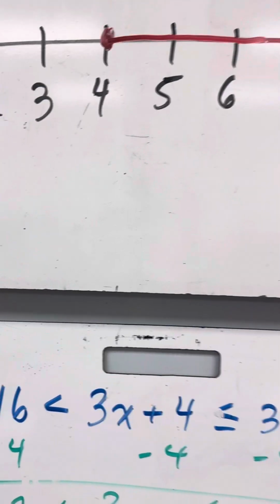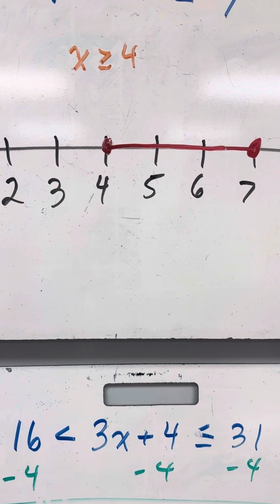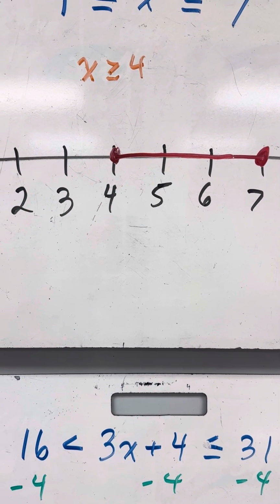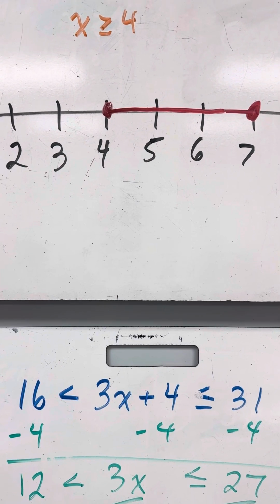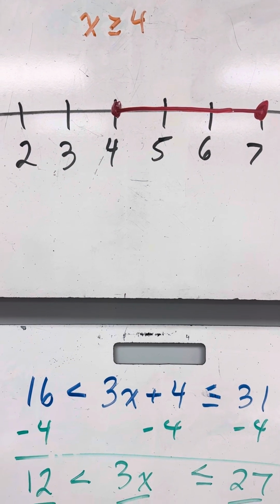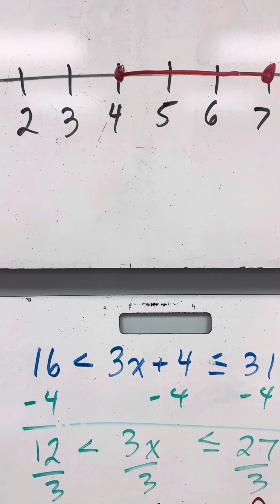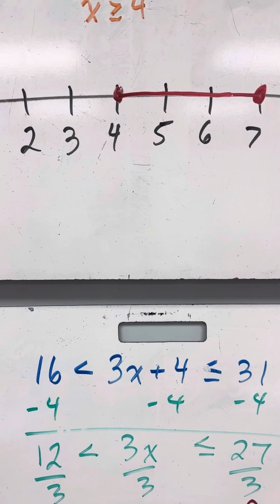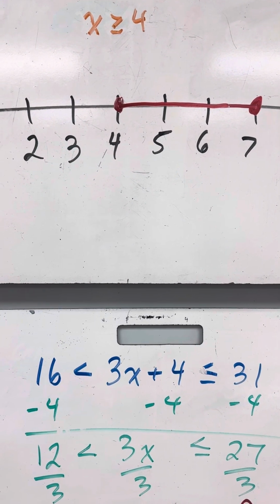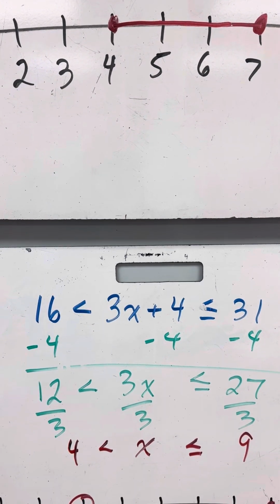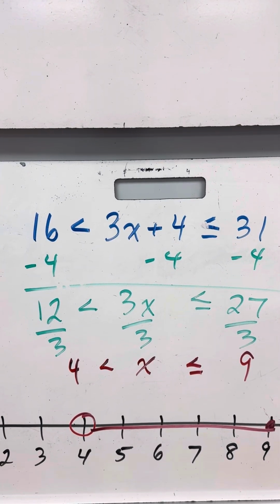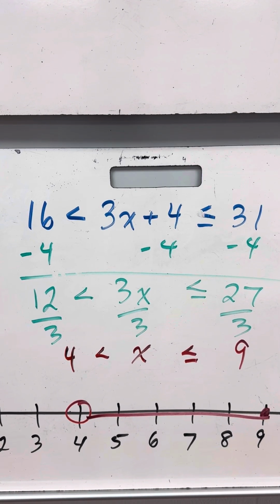So guess what? We're going to minus 4 from all 3 sides. You get 12 less than 3x less than or equal to 27. Now we're going to divide all 3 sides by 3. I call it all 3 sides, okay? And you get 4 is less than x is less than or equal to 9. Boom, open circle at 4, filled in at 9, okay?